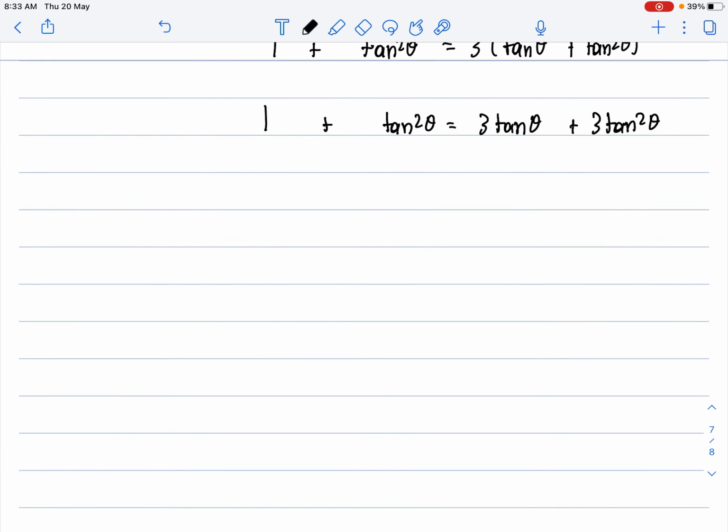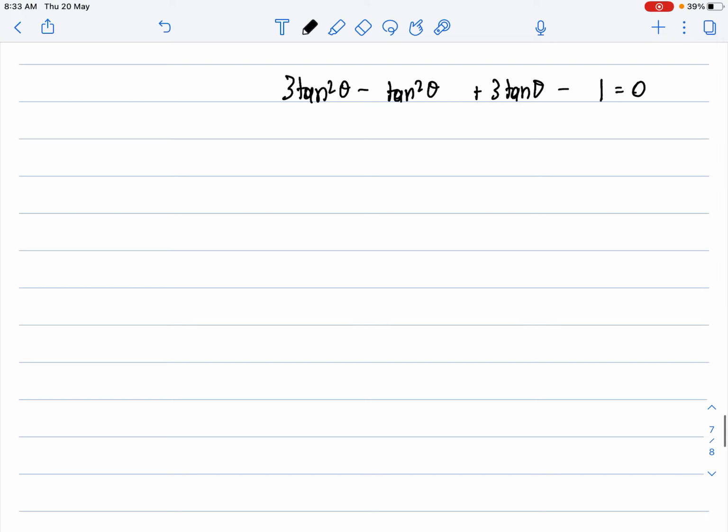So now I can write this as 3 tan square theta minus tan square theta plus 3 tan theta minus 1 equals to 0. So now I can write this as 2 tan square theta plus 3 tan theta minus 1 equals to 0.